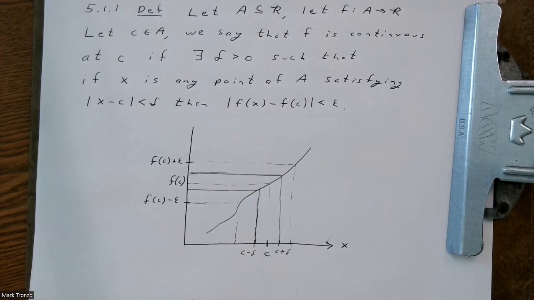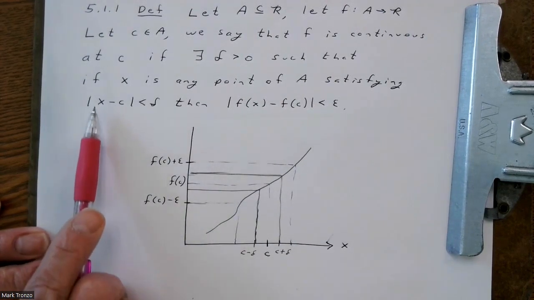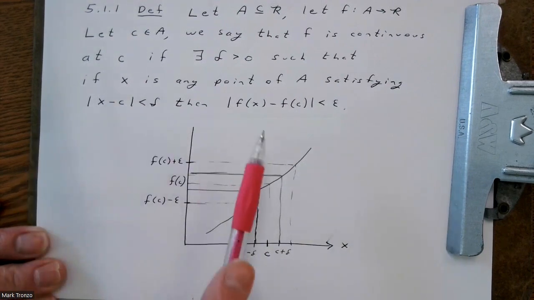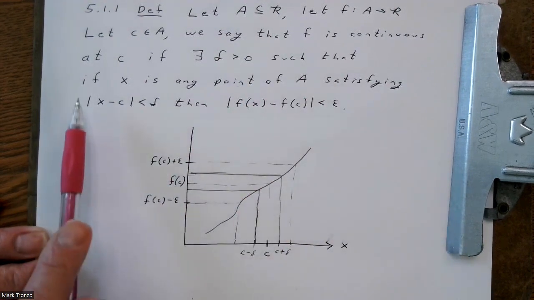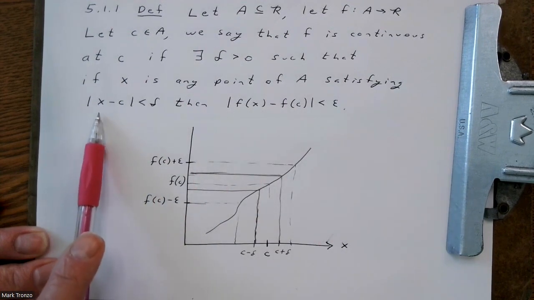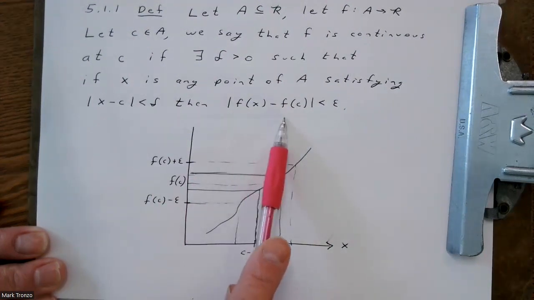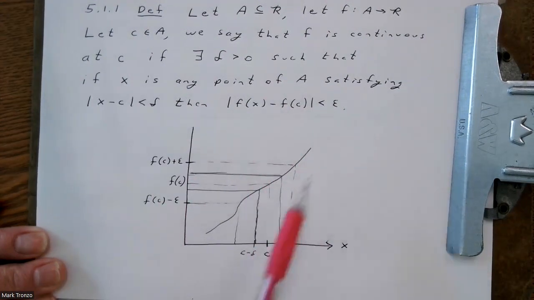Oh, yeah, okay. The one difference is notice, and this is really subtle. Over here, notice the definition: there exists a delta such that if x is any point of A satisfying |x minus c| less than delta, then |f of x minus f of c| is less than epsilon.